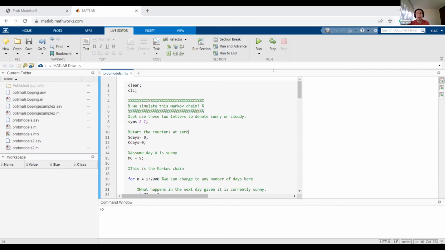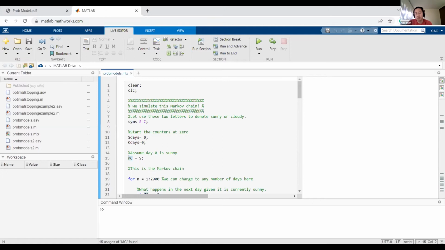Okay, great. So over here, we're just going to try to simulate this Markov chain. In this case, we have two states. It's either sunny or cloudy, S and C. The S days will count the number of sunny days, and the C days count the number of cloudy days.